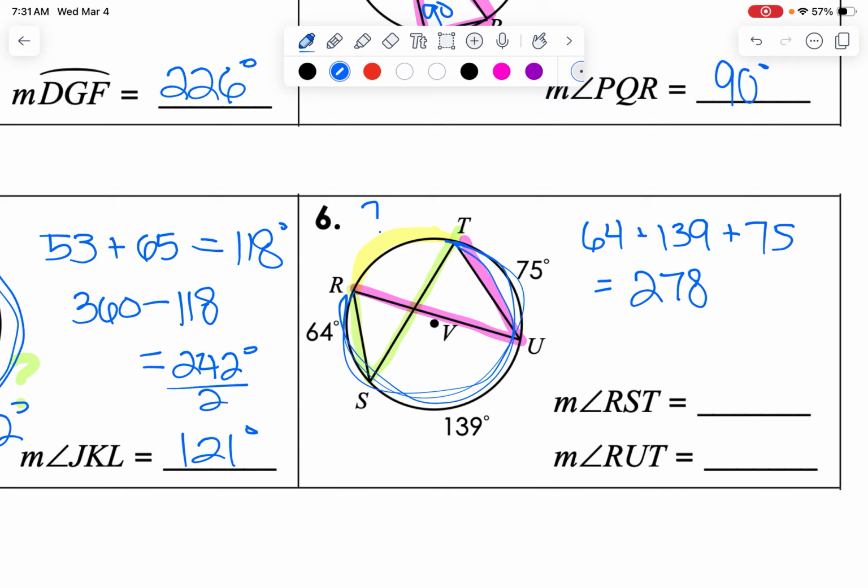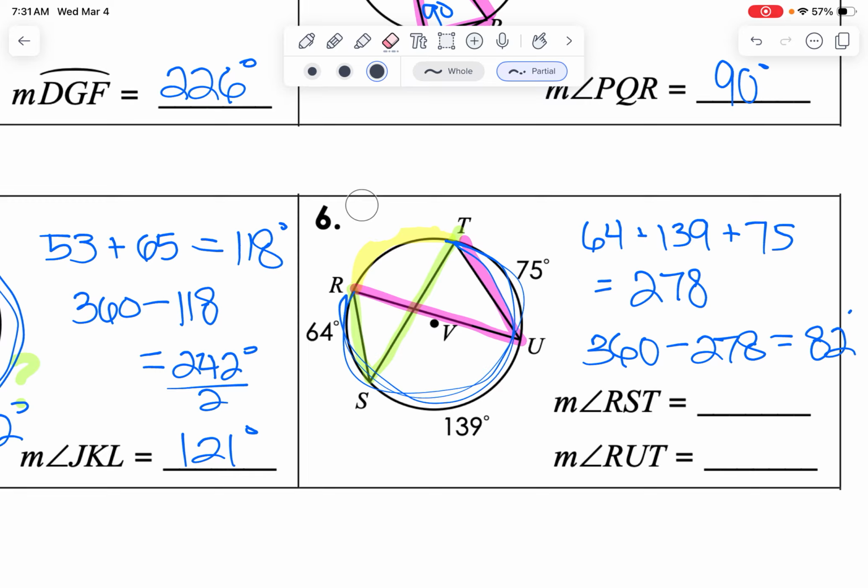And then 360 minus 278. That's 82. Okay, so I know now, let's put that in there, that this is 82 degrees.